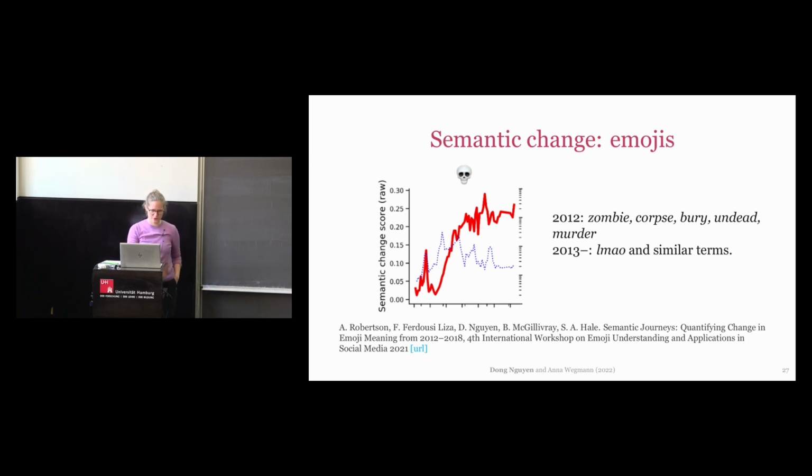Okay, you can also, so this is done by Dong and colleagues, add emojis, right? So as you can embed words, you can also embed emojis. They are just the same to a computer, right? Just tokens. And here you see from 2012 to 2018, the blue curve, I believe, is frequency, and the red curve is the semantic change score of this skull emoji.